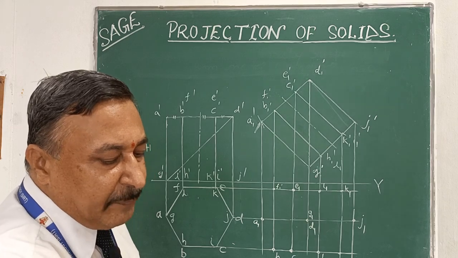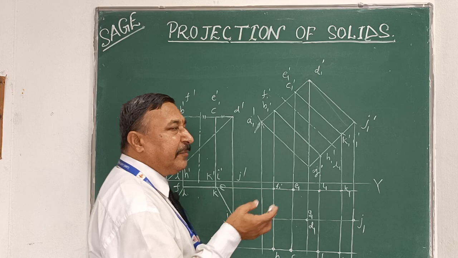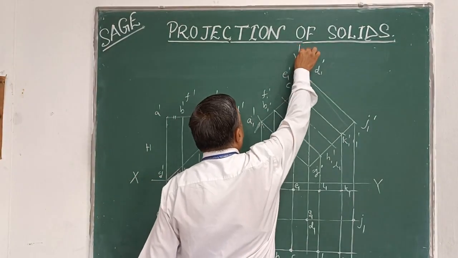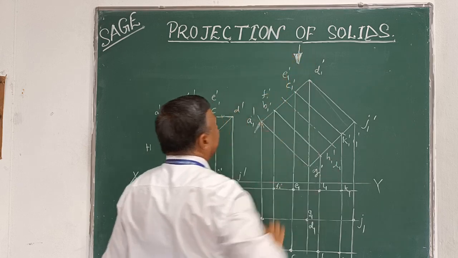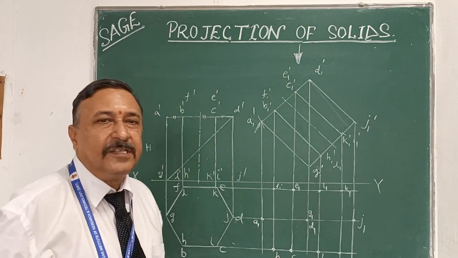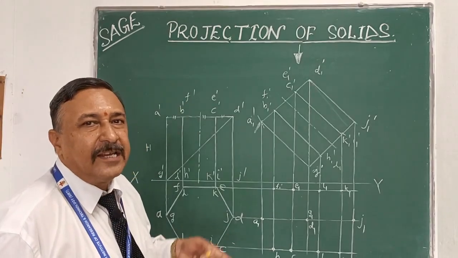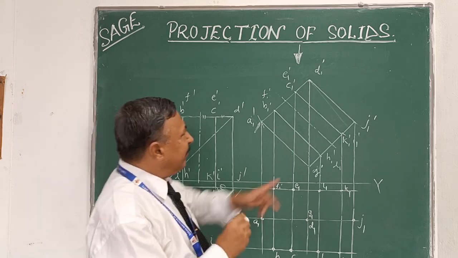Now how we complete? Same process as we repeated in the last problems. First of all, mark an arrow here. This is the process. What is the meaning of this arrow? Either this is the direction of process or this is the direction of observer. Now first we see the base.